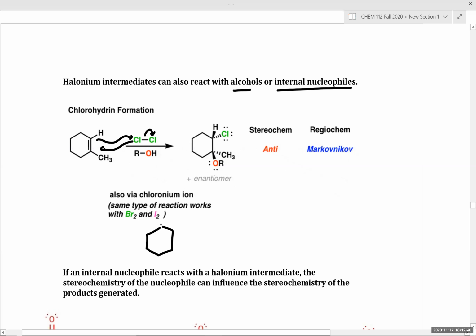So we're working through a chloronium ion. And if we think about our regioselectivity, why do we observe attack at this position? Why do we observe our alcohol attacking only at this position?